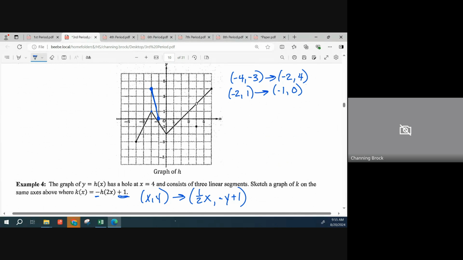Then I have this point, which is 0, negative 2. So that's going to be 0, 3. Yeah. So right there.